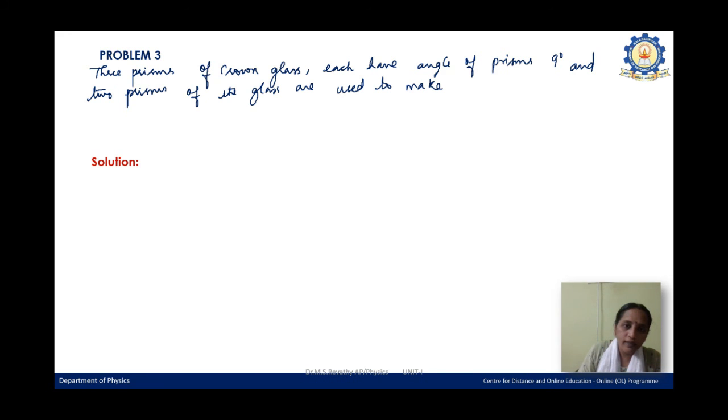By looking at the number of glass prisms, crown glass and flint glass, you can easily recognize what we are trying to say. Two prisms of flint glass, this one is flint glass.